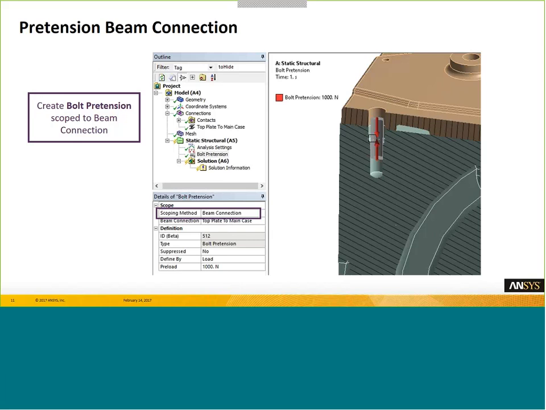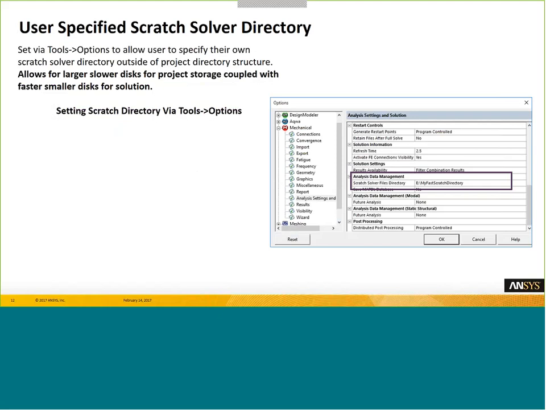For those of you working on computers with solid-state disks, they might not be where all your models are saved to. So you might have your projects on a standard platter-based disk, but when you're solving, you want to make use of the solid-state disk. So now you can actually go in and specify the scratch directory. The scratch directory is what the solver uses to write to during the solution process.